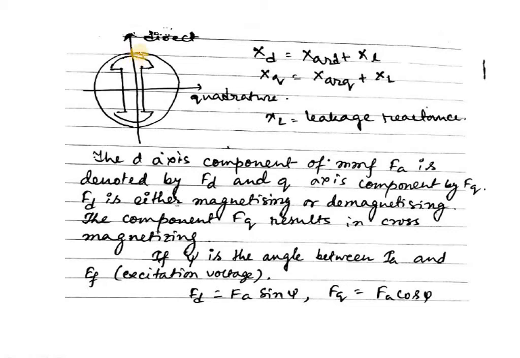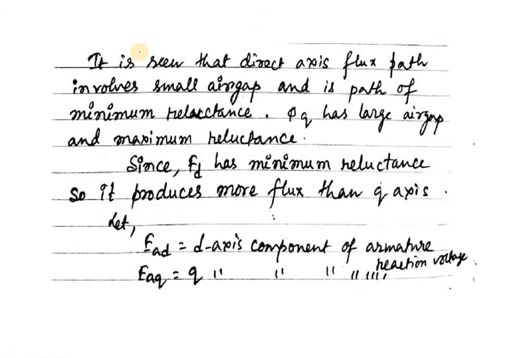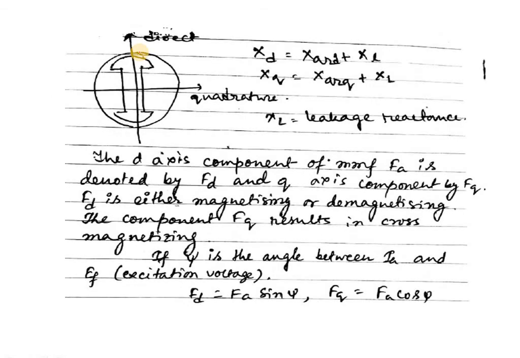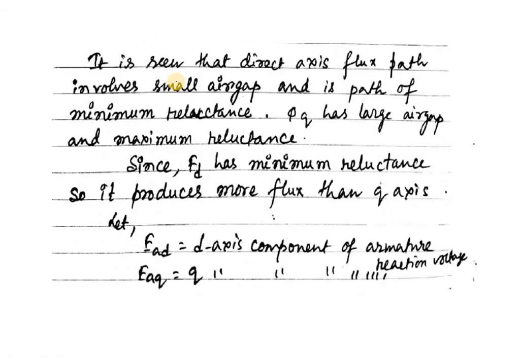Definitely, when the air gap is small, the reluctance will be less, and when the air gap is more, the reluctance will also be more. That means the reluctance will be maximum when the air gap is large. Since the D axis has minimum reluctance, it produces more flux than the Q axis.